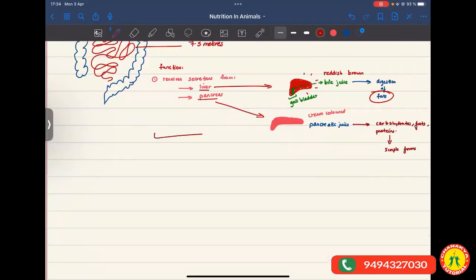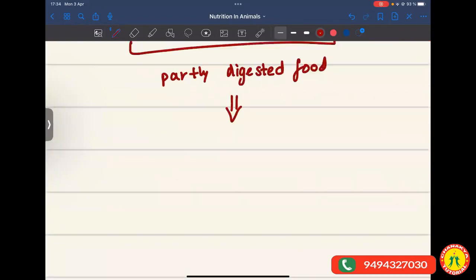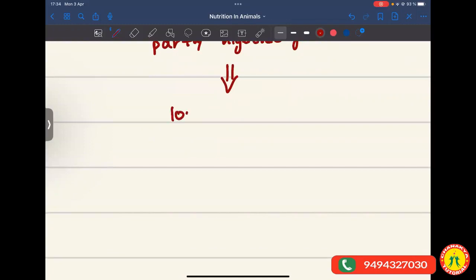So this is resulting in partly digested food, which goes to the lower part of the small intestine.